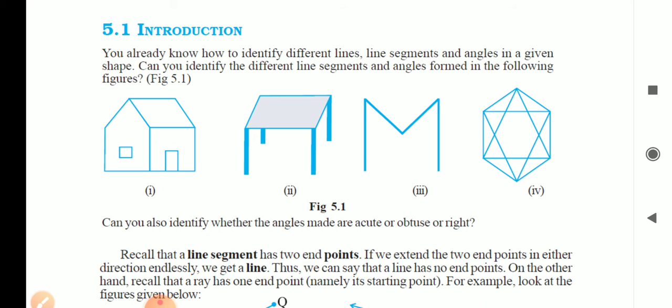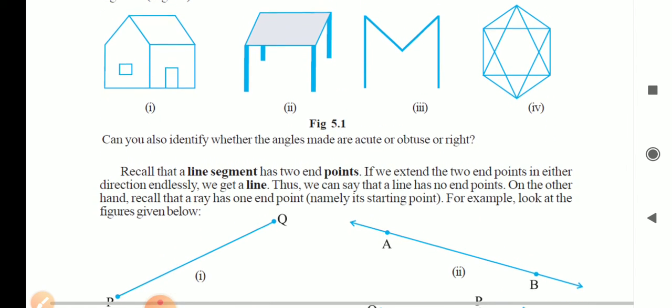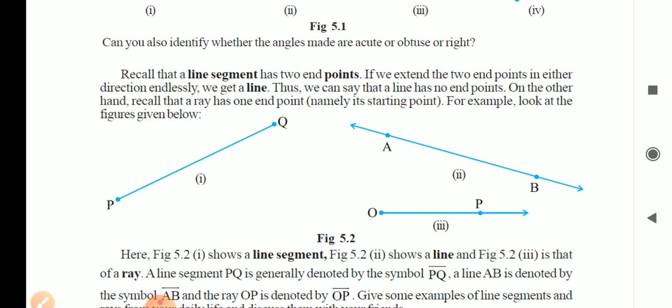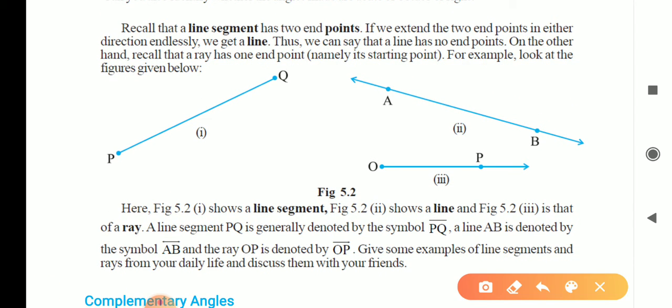Can you identify the different line segments and angles formed in the following figures? Can you also identify whether the angles made are acute, obtuse or right angle? Now, as you already studied about line segment, points, line and ray, recall that a line segment has two endpoints.